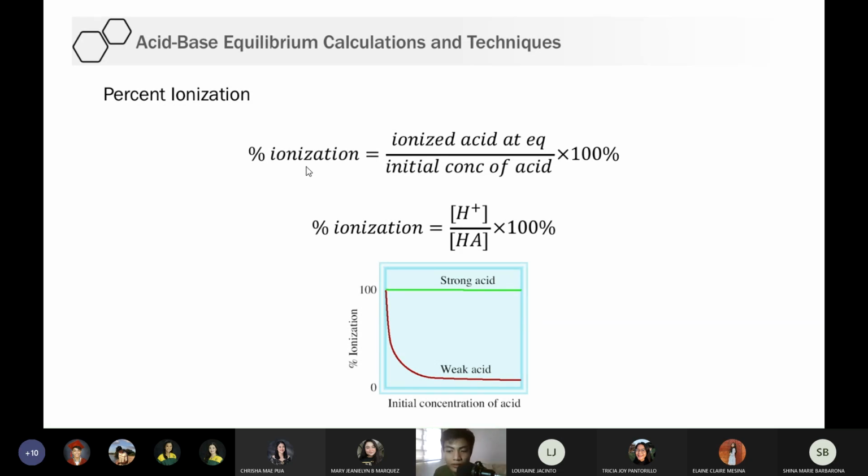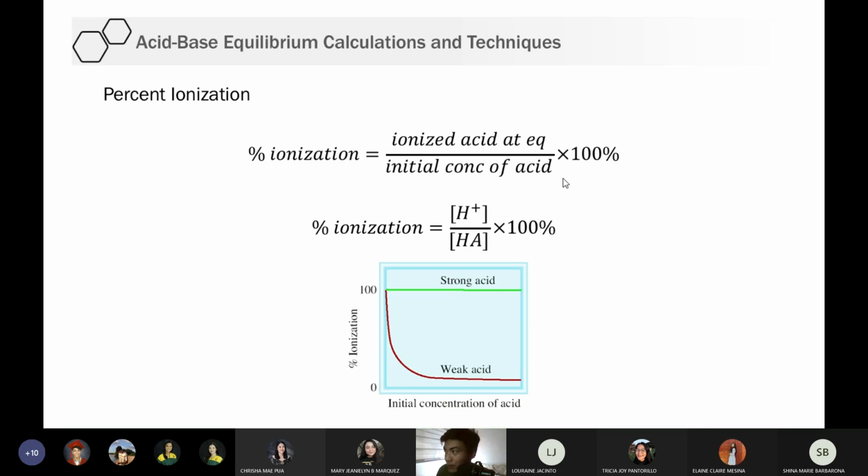If you want to determine the percent ionization of your species, all you have to do is to divide the product concentration by the initial concentration. Okay. For acids, that's the concentration of your hydronium ion divided by the initial concentration of your acid. Okay?